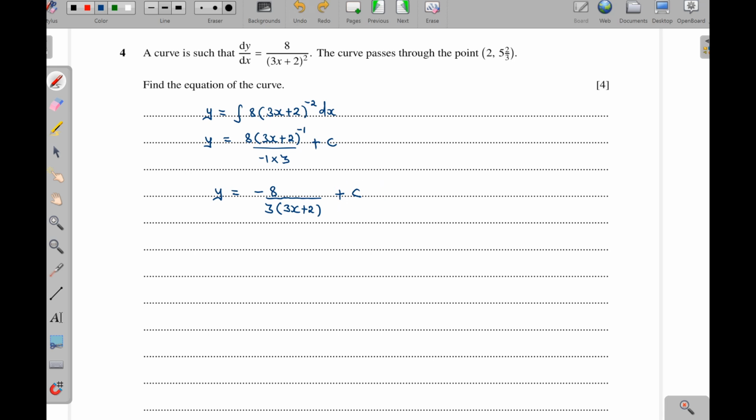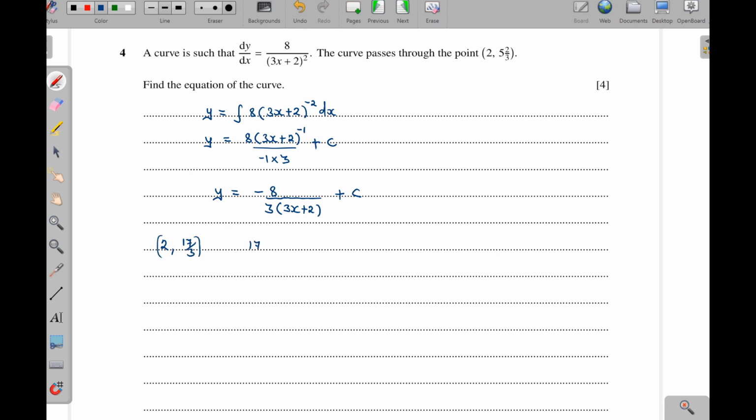If a point lies on the curve, then that means that its coordinates must satisfy the equation of that curve. So if this point is on the curve, which is 2, then 5 times 3, that will be 15, then plus 2, 17 over 3. So we substitute in here.